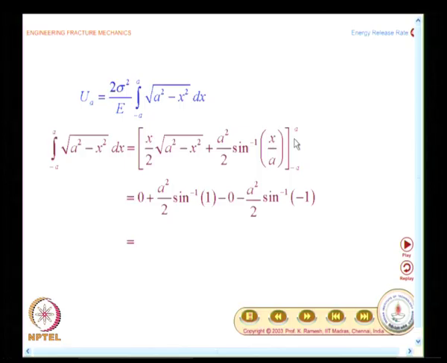This you simplify. You all know when you have sin inverse 1, what you have to substitute. So, when you substitute, you will get that magical number, because in the earlier derivation of the analogy approach, we simply took the proportionality constant in a manner which is consistent with the final result.